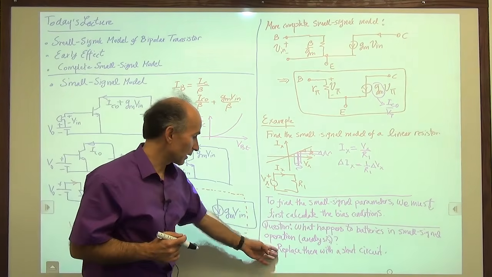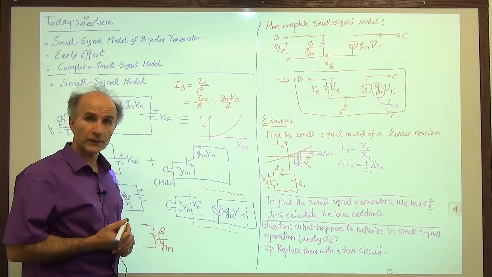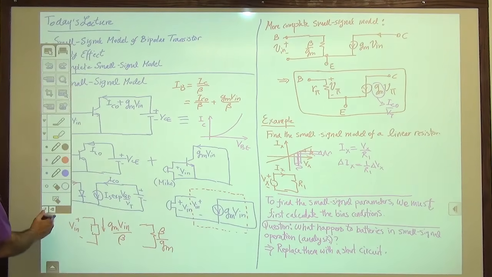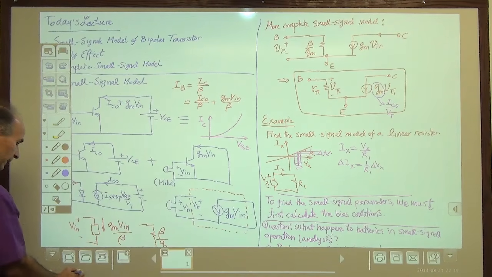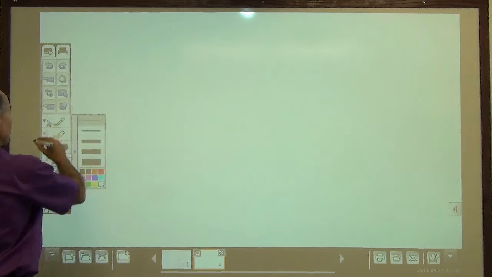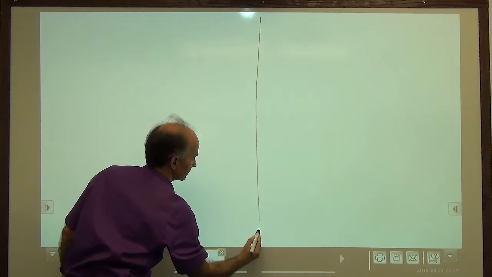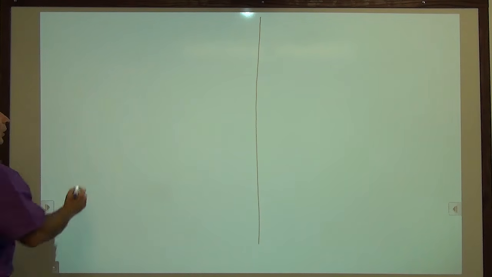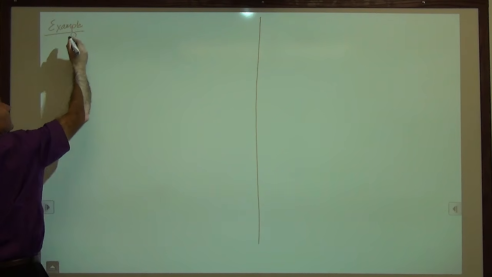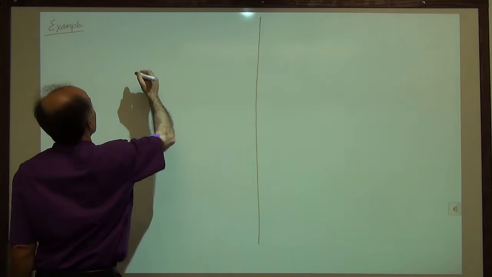All right, so now that we understand this procedure, we can go ahead and, as an example, try to construct the small signal model for some particular circuit. So let's go ahead and add a page here. Okay, so let's look at an example.